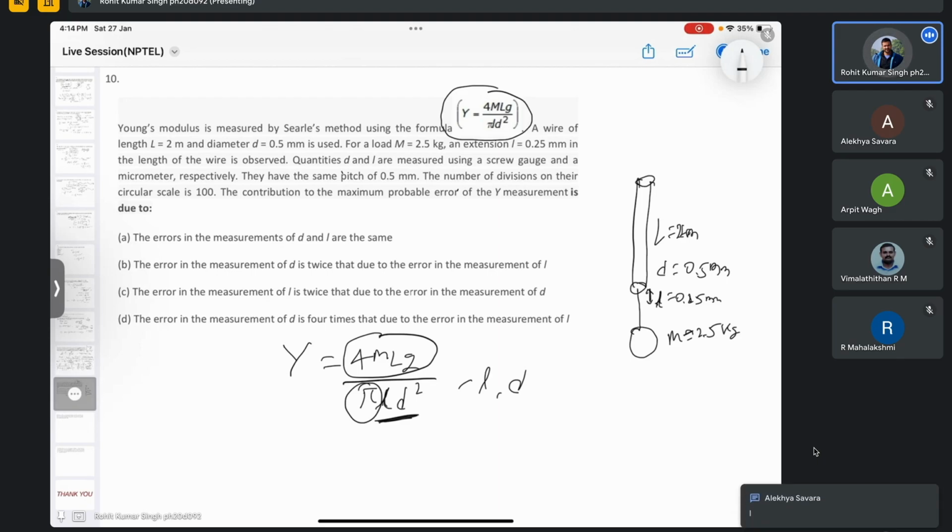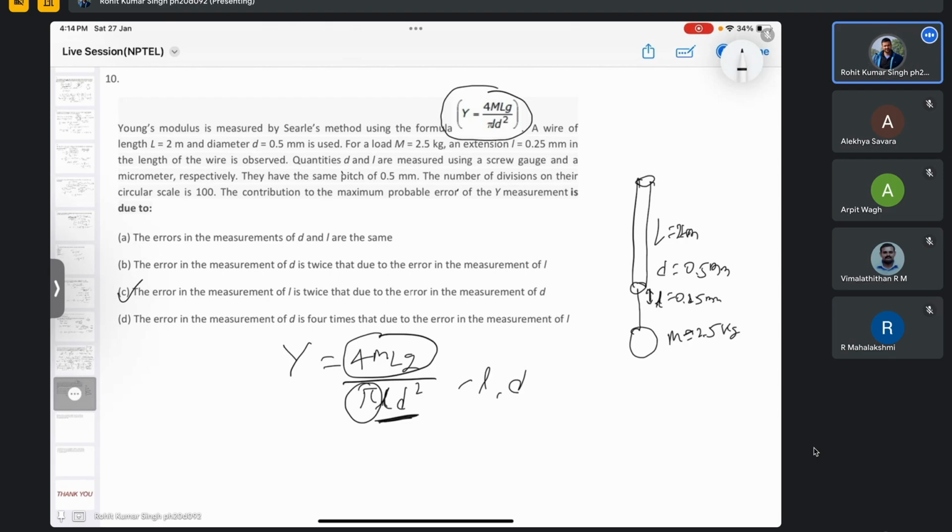Which will contribute more? L? Okay. Alekhya said L. So Alekhya said option C, which is L is twice than due to the error in measurement in D.